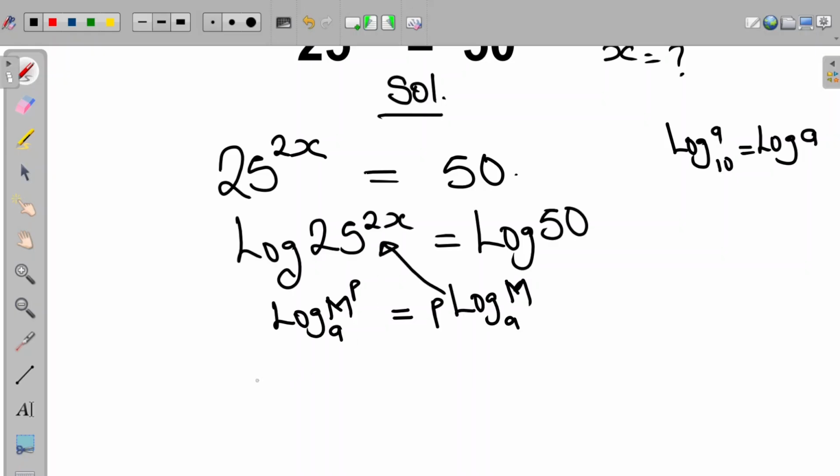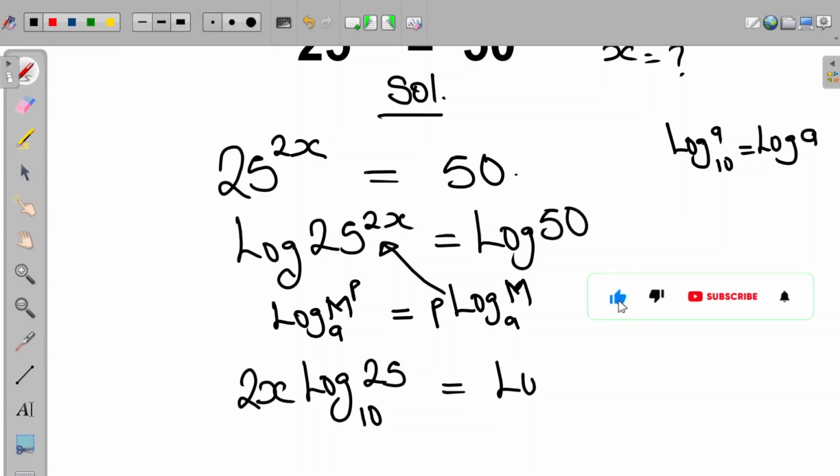So this becomes 2x multiplied by log 25 in base 10 equal to log 50 in base 10.